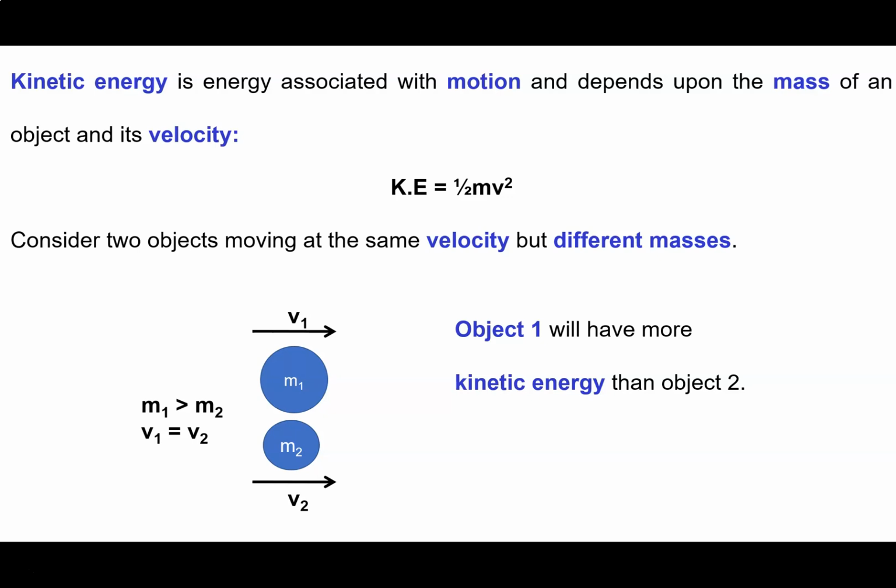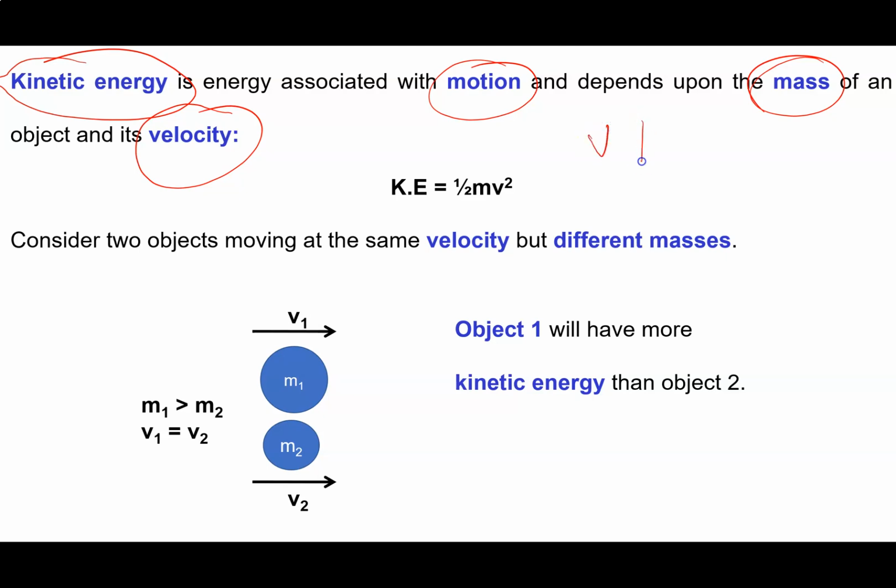There are a couple of very important forms of energy, and one of those is kinetic energy. And kinetic energy is the type of energy that's associated with movement or motion. And kinetic energy depends upon two things. It depends upon the mass of your object and how fast it is moving. And in particular, what is important to recognize is that if everything else is constant, then as the velocity of your object increases, its kinetic energy increases.